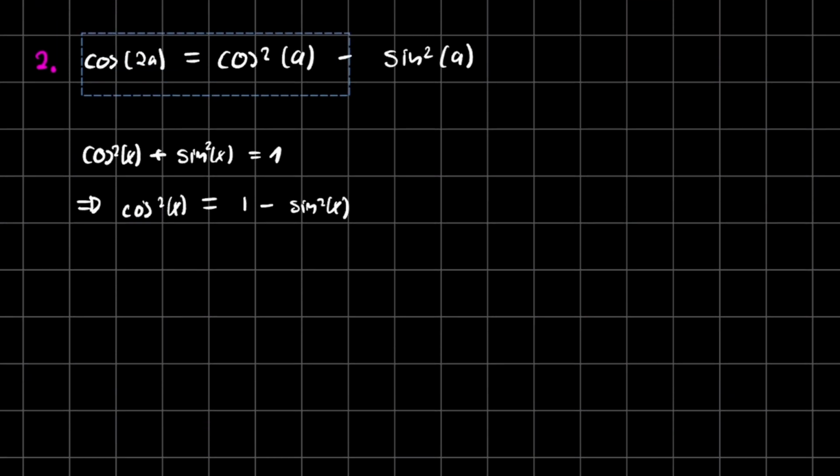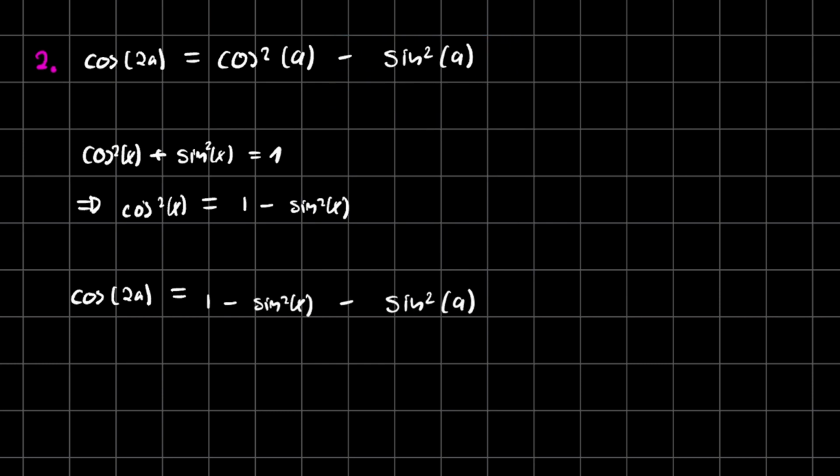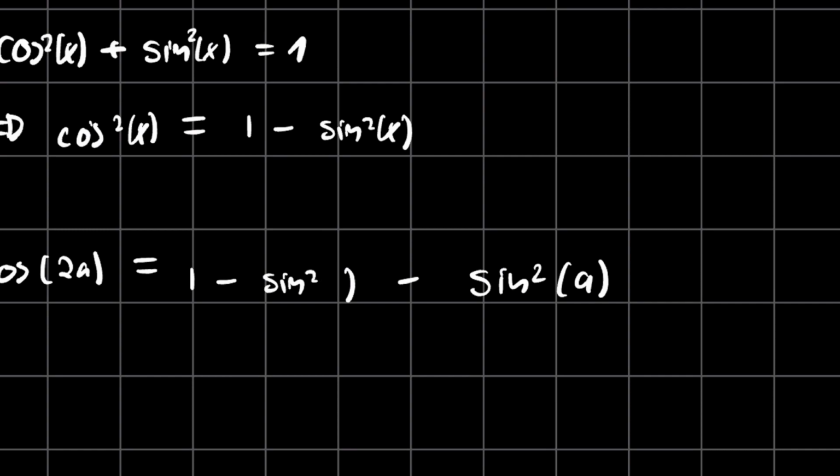Now we write this into our expression. Duplicate it, delete this, and put that guy over here. In this case, it's going to be A, not x.